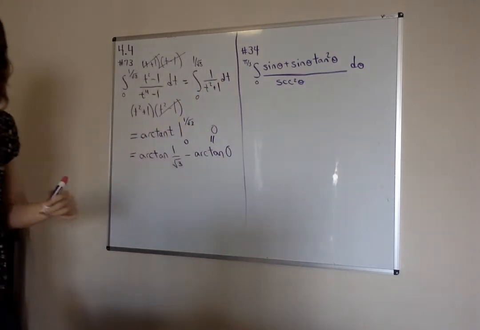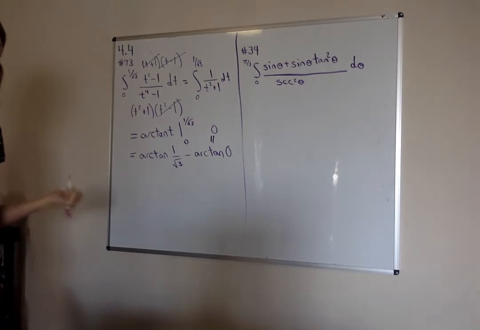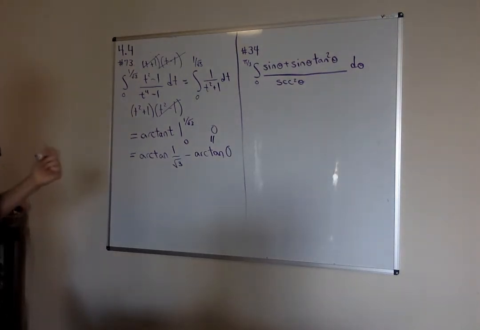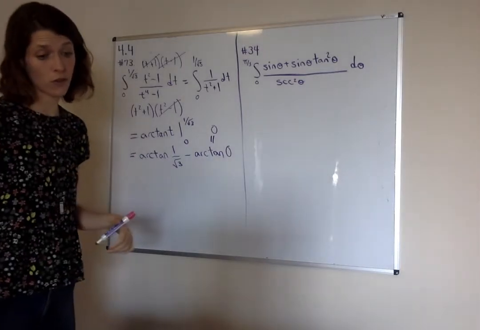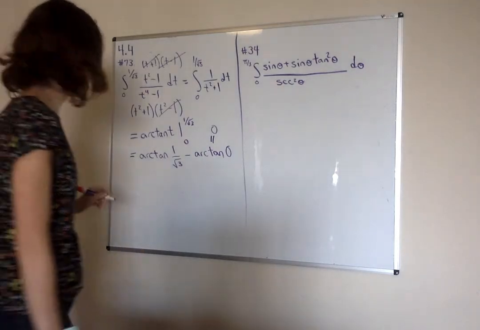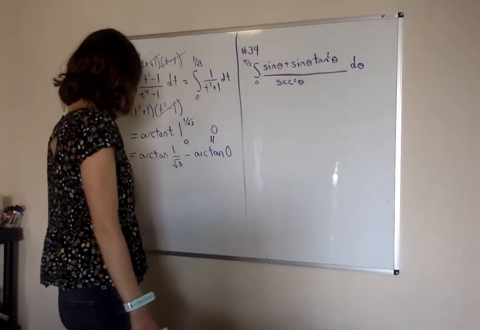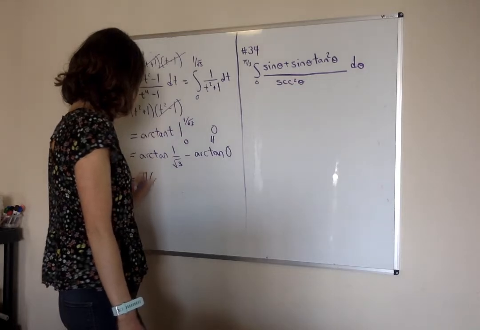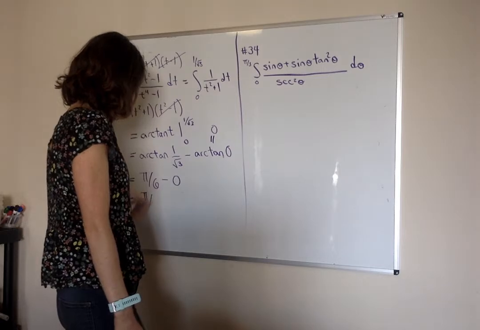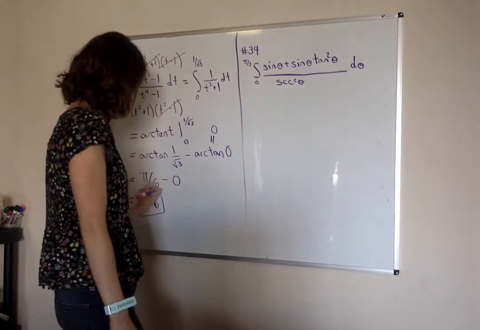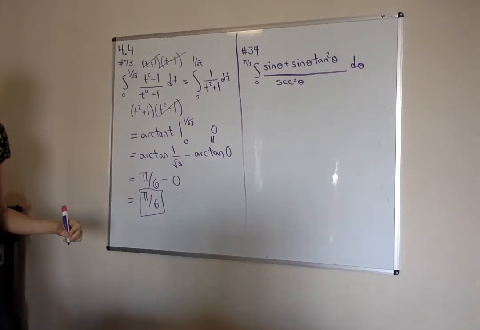Now for 1 over root 3, we want to think the same thing. What angle, when I take the tangent of it, gives me 1 over root 3? And if you can remember your special triangle that has the pi over 3 and the pi over 6 in it, you'll recall that the angle that gives you a tangent of 1 over root 3 is actually pi over 6. And so our result is pi over 6.